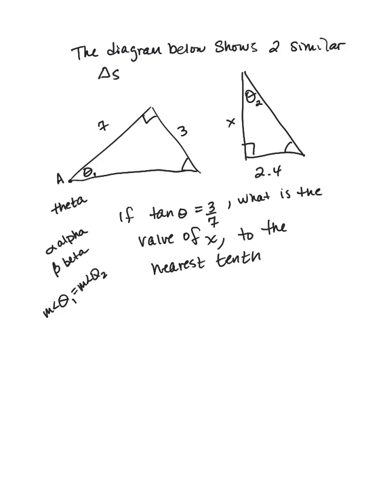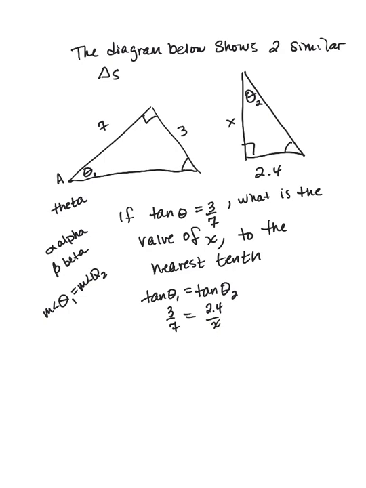So the ratios are going to be the same. Tangent of theta sub 1 is going to equal tangent of theta sub 2. They have to be the same because these are similar triangles, so the ratios of the corresponding sides are equal. And when you have angles that are congruent, those ratios will be equal. So we know that this is 3/7. Now we're going to represent tangent of theta sub 2, which is opposite over adjacent.